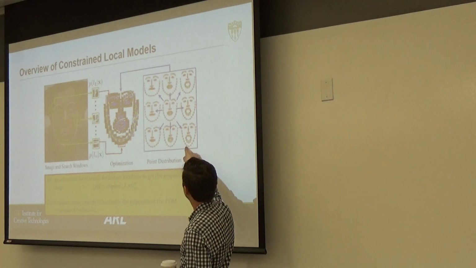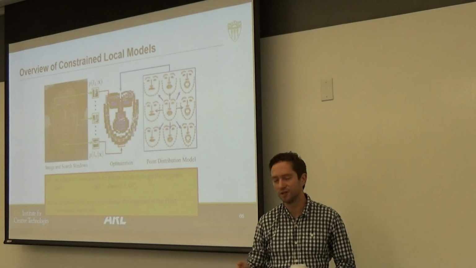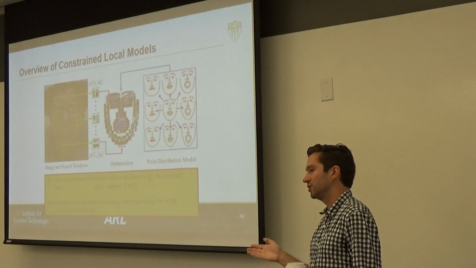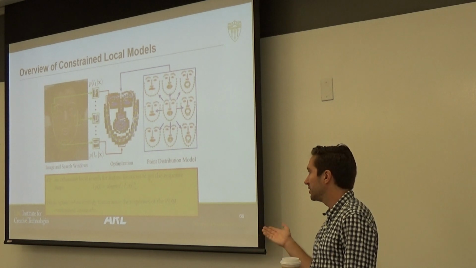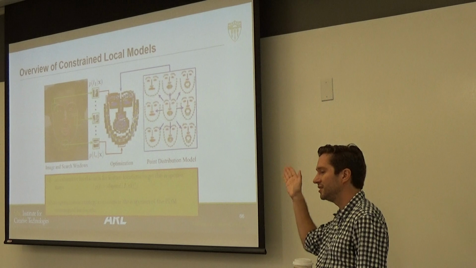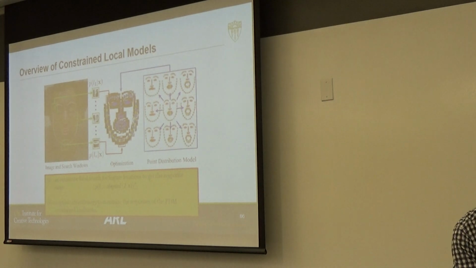If you had feature points that would be really ragged like this, then you would say, well, this is not good. And so your optimization strategy will say, well, I will maybe not take the optimal local response, but at least the point distribution model looks a bit more like a face.